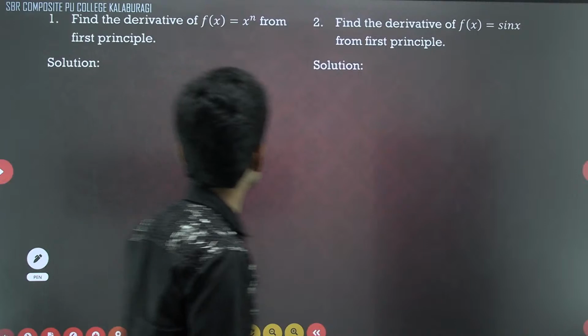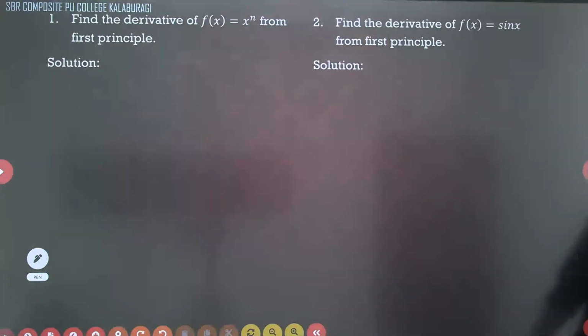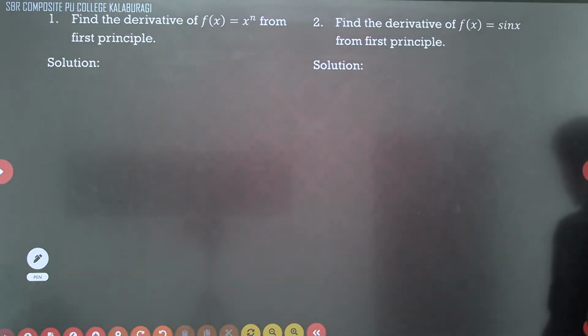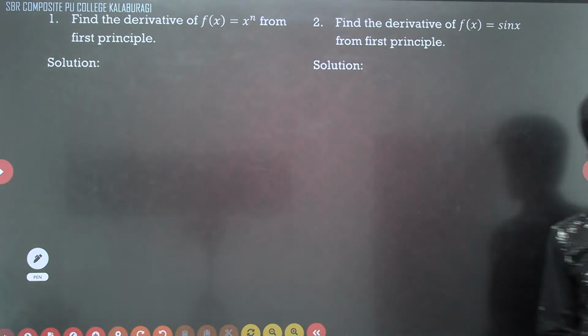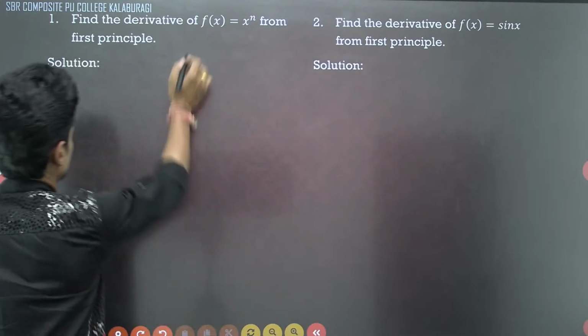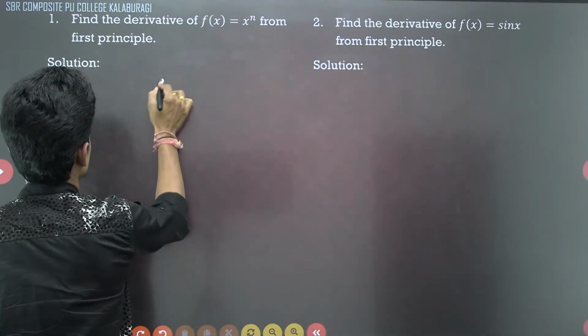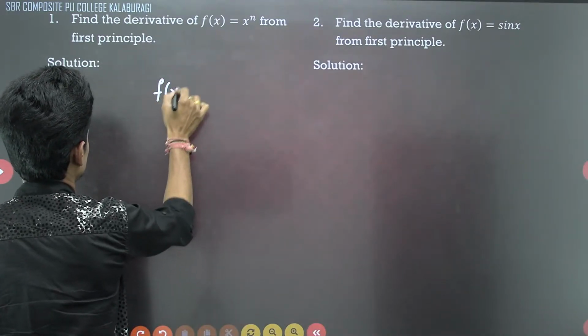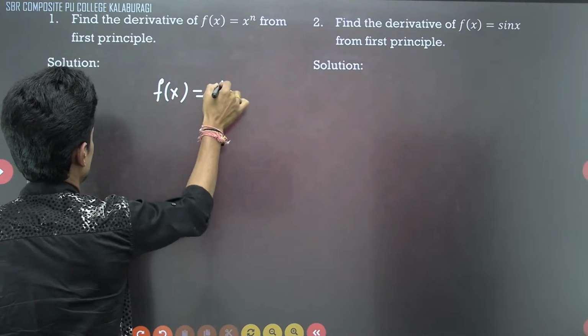Now the first formula is the derivative for f of x is equal to x power n. Look at this one. f of x is equal to x power n.